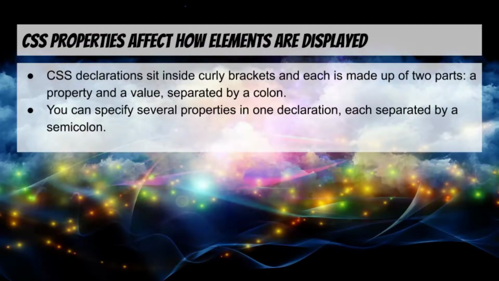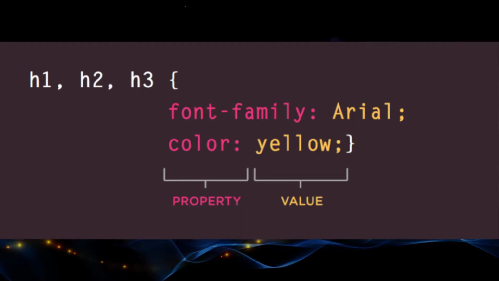So CSS properties affect how elements are displayed. I talked about this. They sit inside those curly brackets. Again, each is made up of two parts, a property and a value separated by a colon. We can specify several properties in one declaration, each separated by a semicolon. Now, we can separate H1, H2, and H3, those heading sizes, and the properties in pink and the values in yellow.